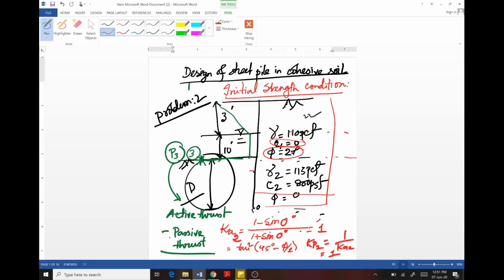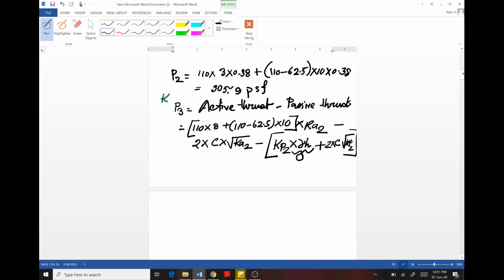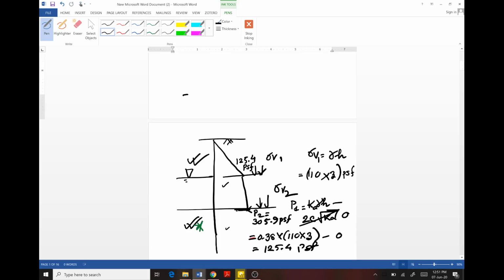So now the value of P3 will be minus 2395 psf. So why is it minus? Since we are taking this side as positive compression, which means active thrust.